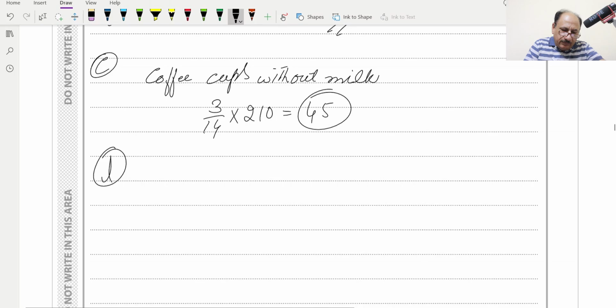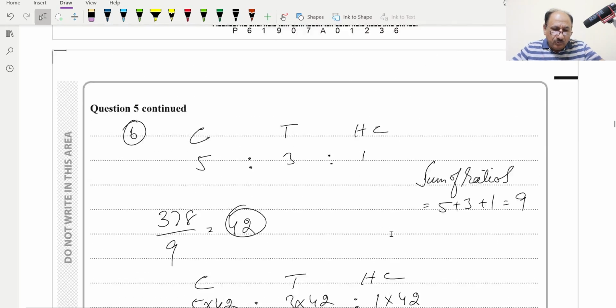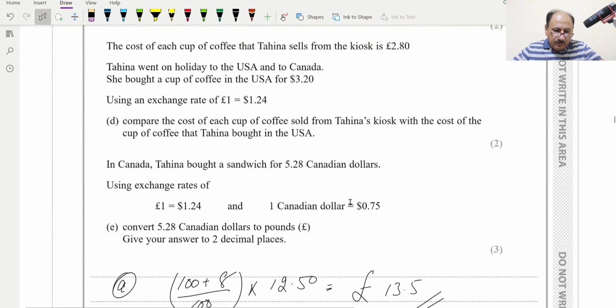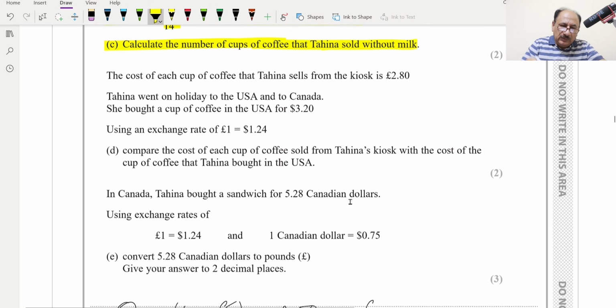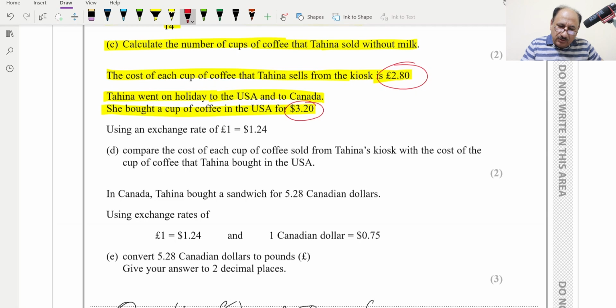Now for D part, we'll go through D part, and D part says the cost of each cup of coffee that Tahina sells from the kiosk is 2.80 pounds. Tahina went on holidays to the USA and to Canada. She bought a cup of coffee in USA for $3.20. Keep in mind, this is in pounds, this is in dollars, US dollars.